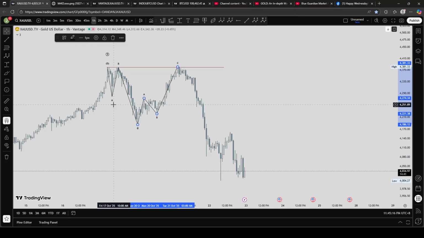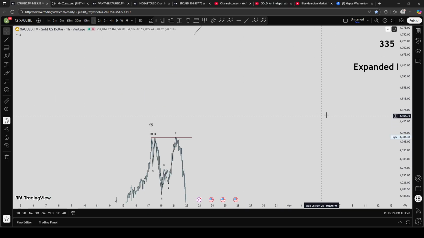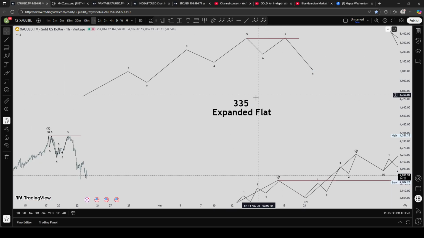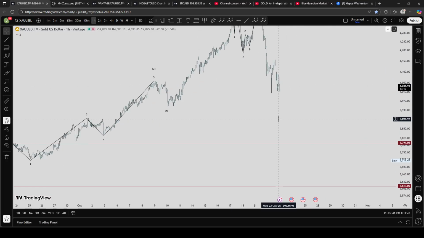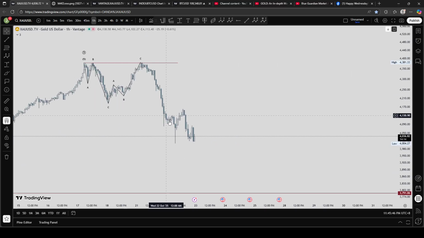ABC is considered as 1, 2, 3, ABC. Then 1, 2, 3, ABC. And now we are on the fifth, or the last wave counting, which is 5 waves. So if this is an expanded flat, then the last wave, or the wave C, should be composed of 5 internal waves. Let's now check whether we have completed the 5 internal waves of the expanded flat.